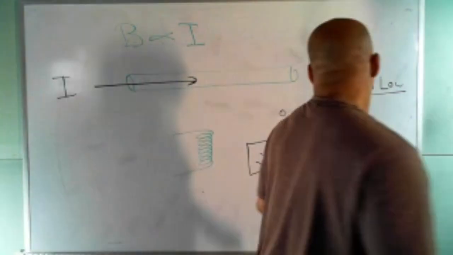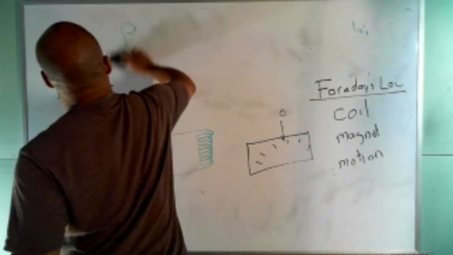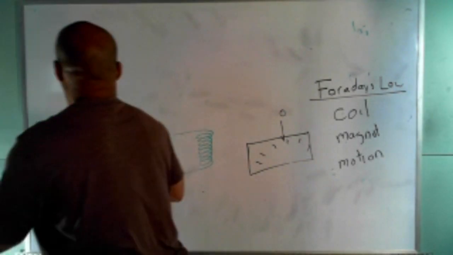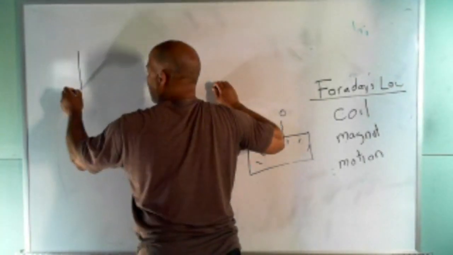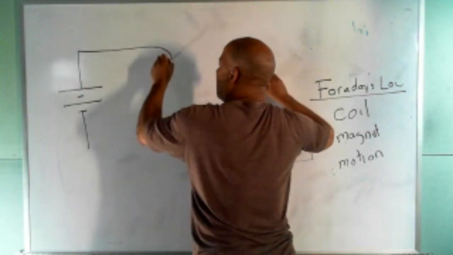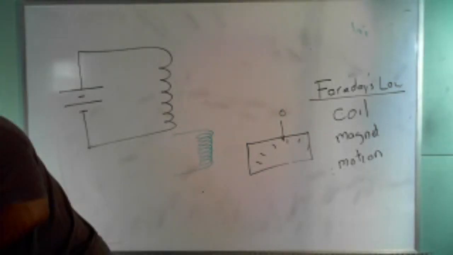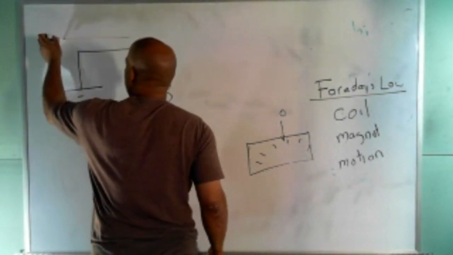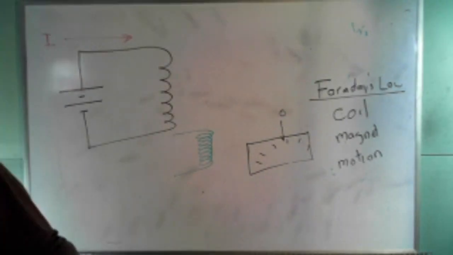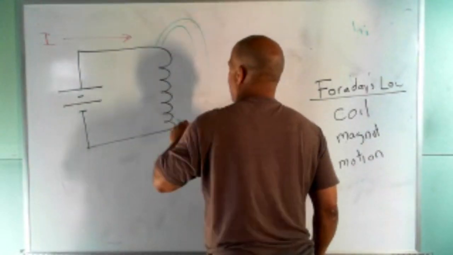What if instead of moving the coil or the magnet, I took my voltage source and hooked it up like that? Then current is going to flow, and that current is going to create a magnetic field like that around the coil.